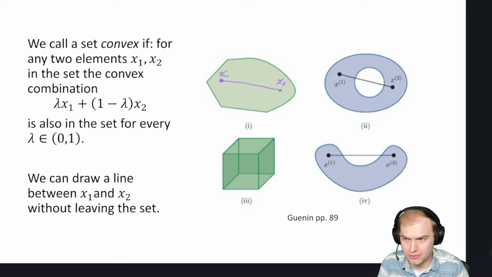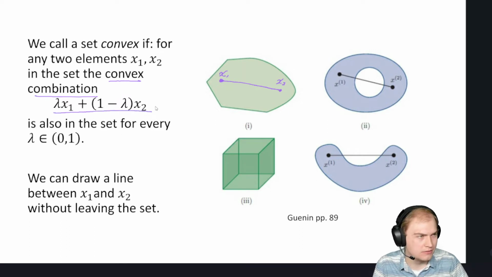The more abstract theoretical understanding, so we call it convex combination. This is just a generalization of a line segment between 2 points in space or in any other set.